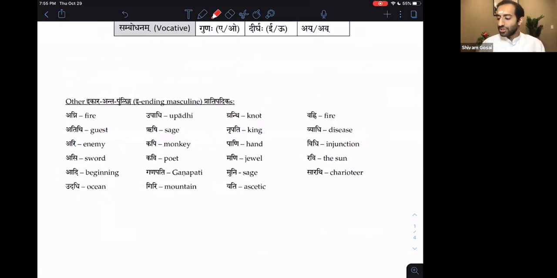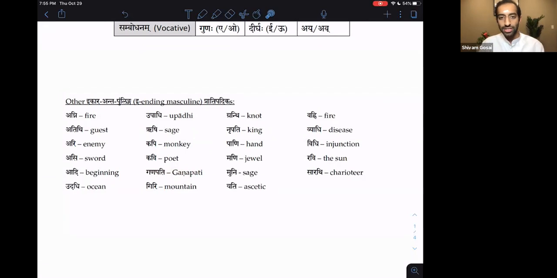At the same time, I wanted to show some of these pratipadikas that are very common that we see, right? And we saw some of these last time. Like some of these words we see a lot, right? Ganapati, short ikara, right?